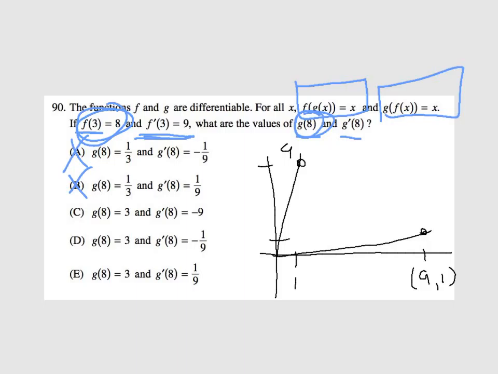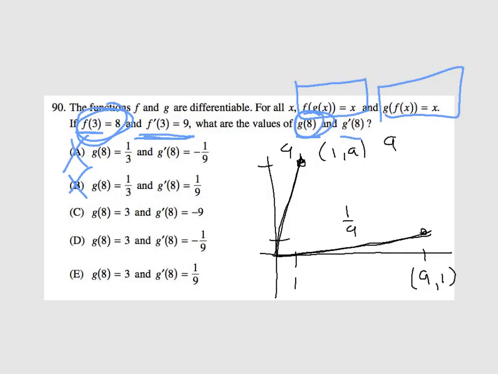And I'm doing a really ugly job here. 1, 9. So you could say that the slope of this function right here is 1/9. And you could say that the slope of this function right here is 9.